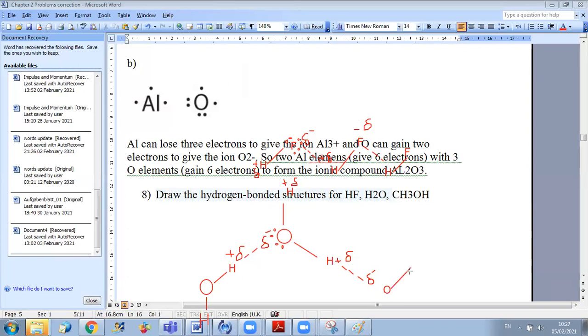So this is 1 H, this is a second. And of course, here you have the pair of electrons that will create the negative dipole charge, so here let's put them as dots, which will attract the positive dipole of H. Okay, and in this way you can have millions of hydrogen bonds between water molecules. Okay, any question on this?